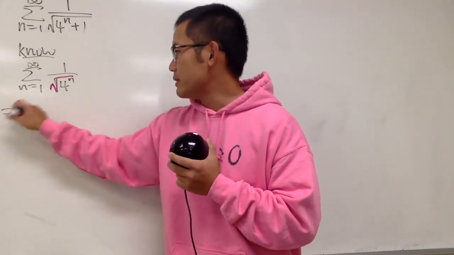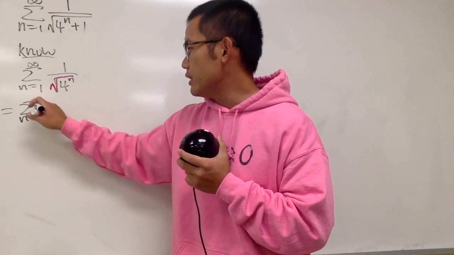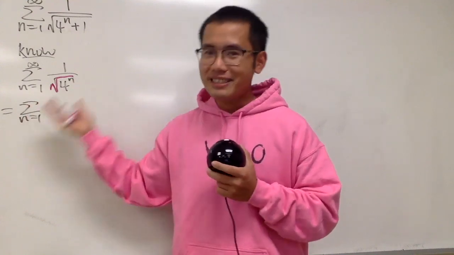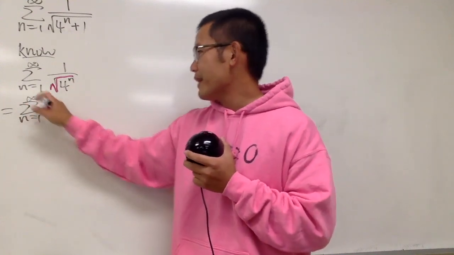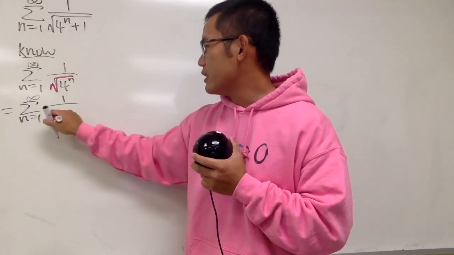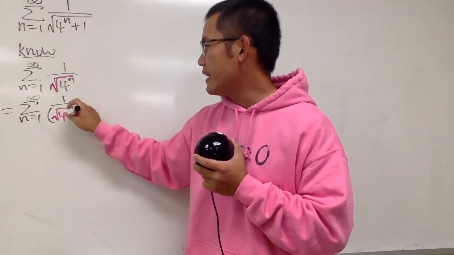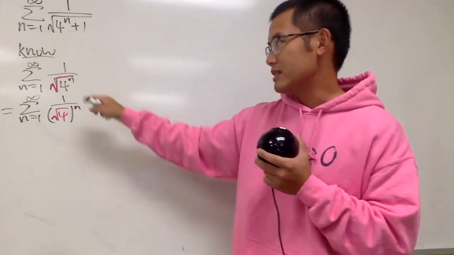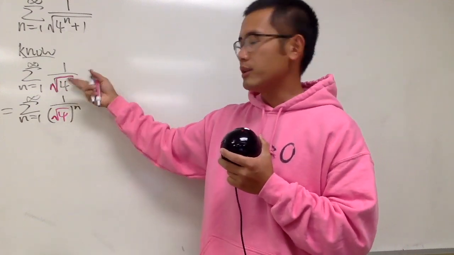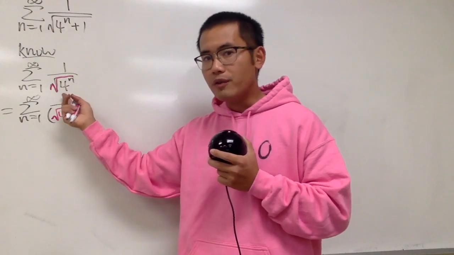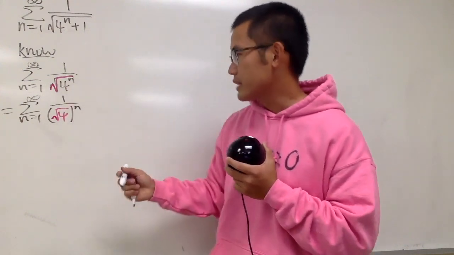So this is actually the same as saying the sum as n goes from 1 to infinity, and let's look at this as 1 over square root of 4 and then raised to the nth power. Because it's to the 1/2 power, you can just do the 1/2 power first to the 4 and then the n on the outside.